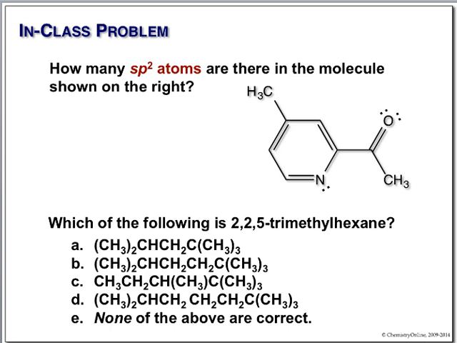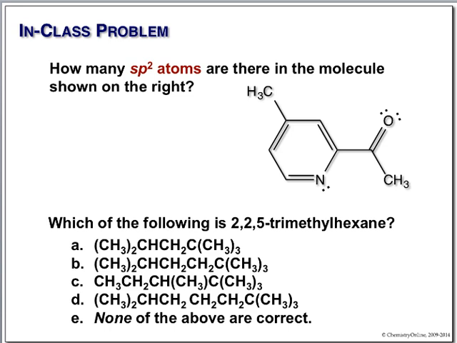Remember, an sp squared center is going to be trigonal planar, and we're basically talking 3 sigma bonds and a pi system. We have a 6-membered ring here with 3 double bonds within the ring. We have a carbonyl, so there's a carbon doubly bonded to an oxygen, and of course the oxygen doubly bonded back.